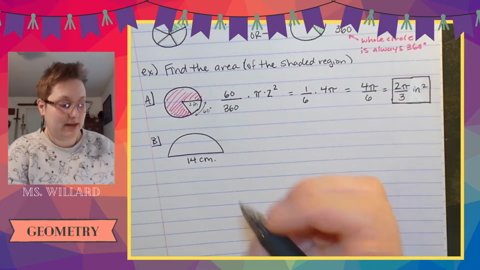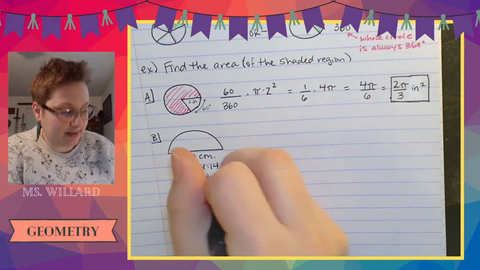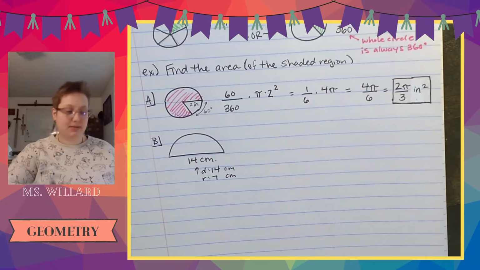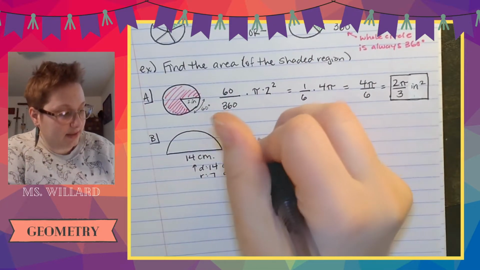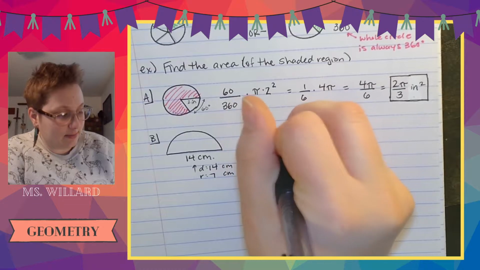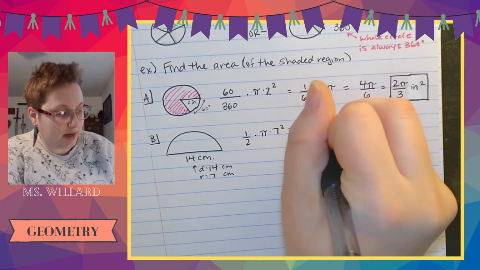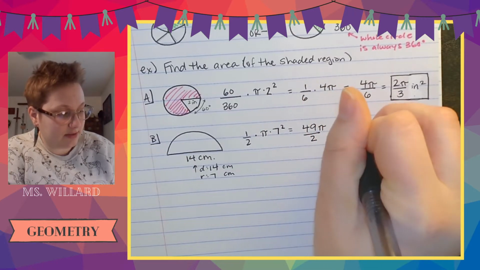So just as a reminder, if the diameter is 14, the radius is 7. Okay, so that's my diameter. So I'm going to do half of the circle, because this is literally half of the circle right here, times pi times 7 squared, which is going to be 49 pi divided by 2 square centimeters.